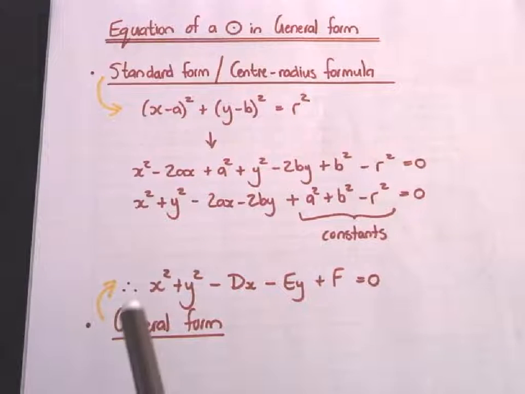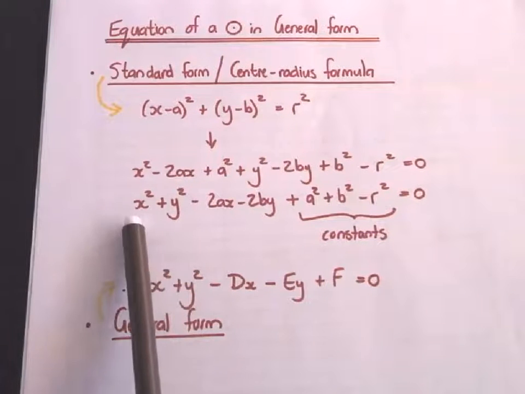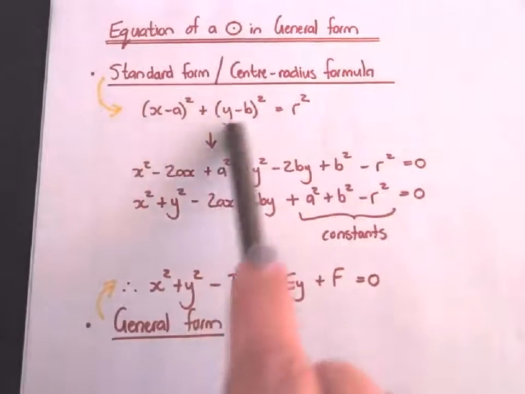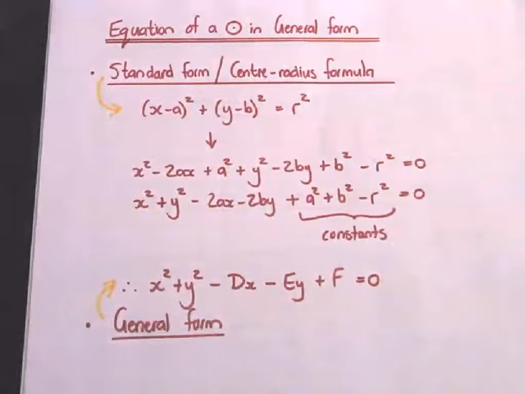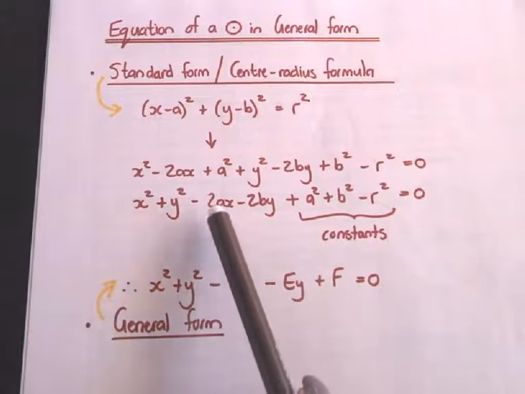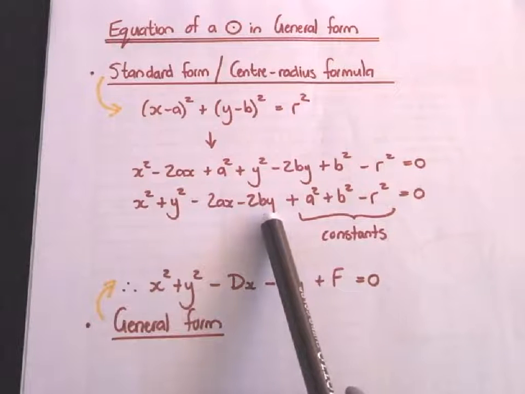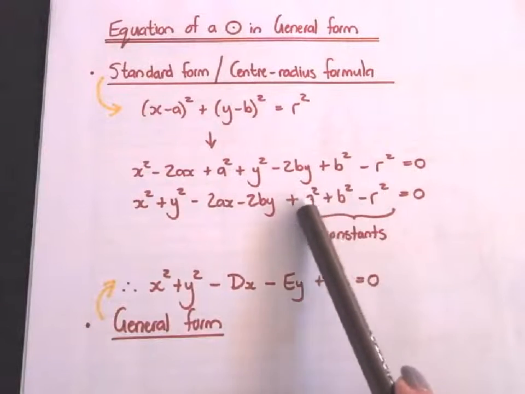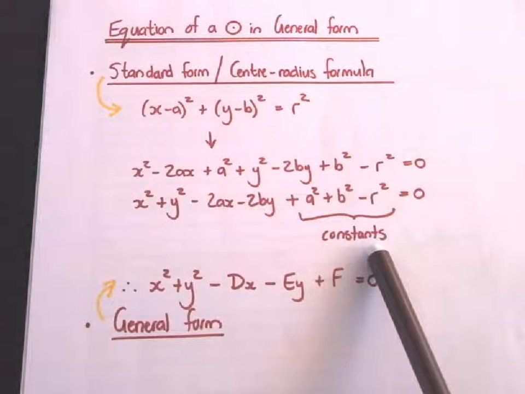So to get to the general form, after you've multiplied out brackets, you group them, first the squares together, then the x's and then the y's, and then you add all the constants.